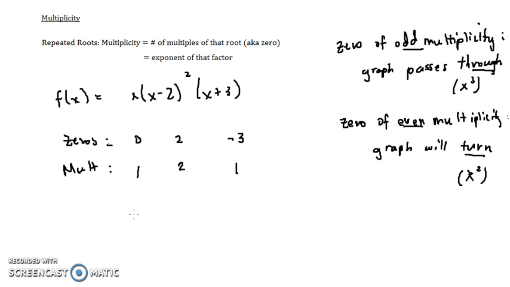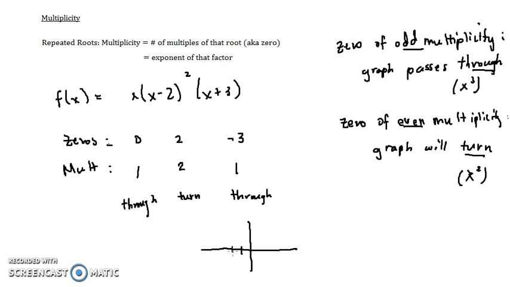At 0, the multiplicity is 1, and that's odd, which means the graph is going to pass through. At 2, the multiplicity is 2, that's even, so that means that it's going to turn. And at negative 3, the multiplicity is 1, that's odd again, and so the graph is going to pass through. Okay, so we know what the zeros are, and we know what the graph is going to do at each of those zeros. Now let's look at the graph and see if we can match it up.